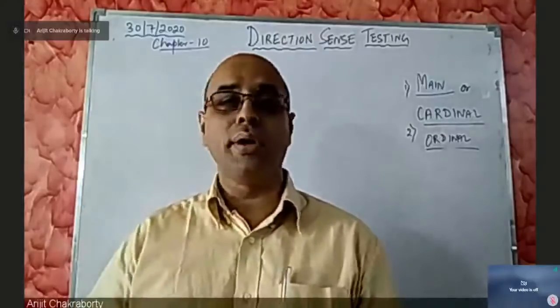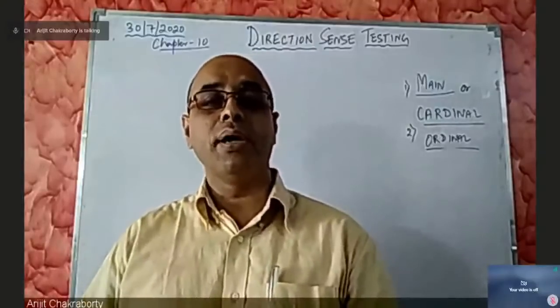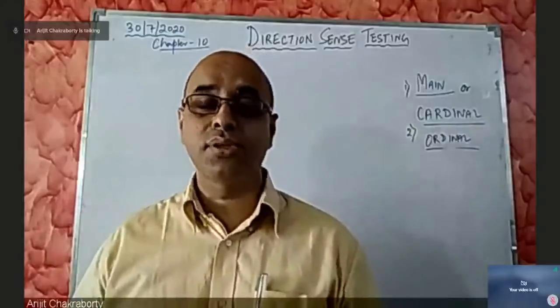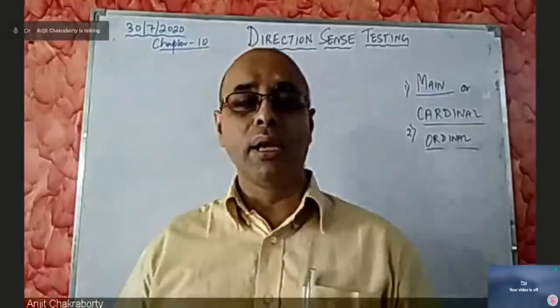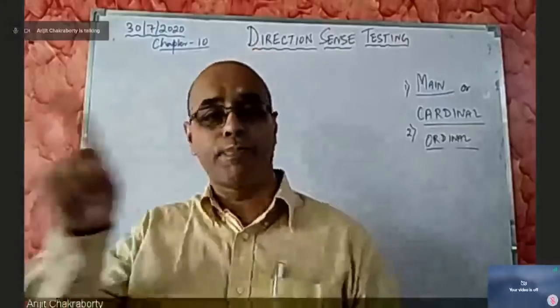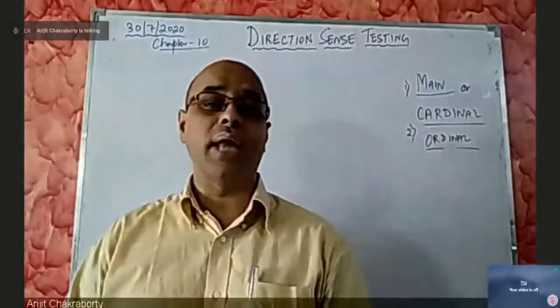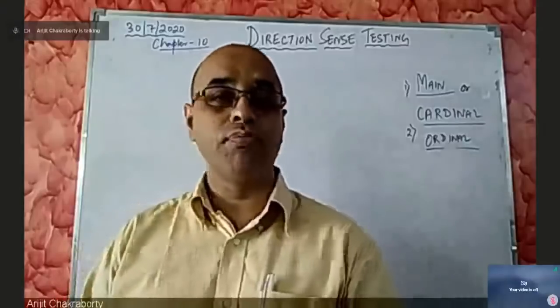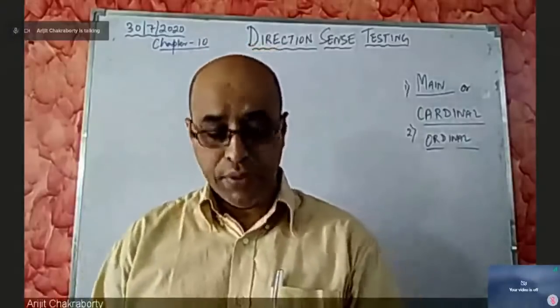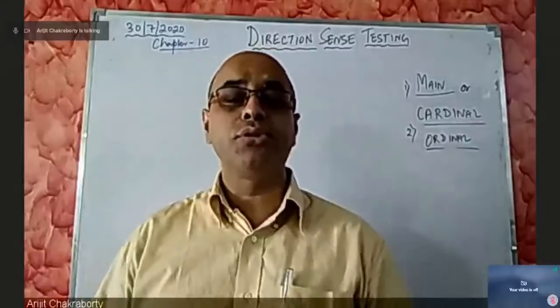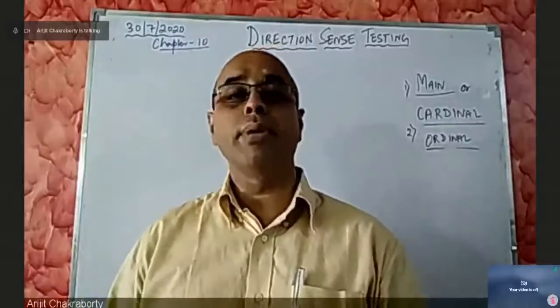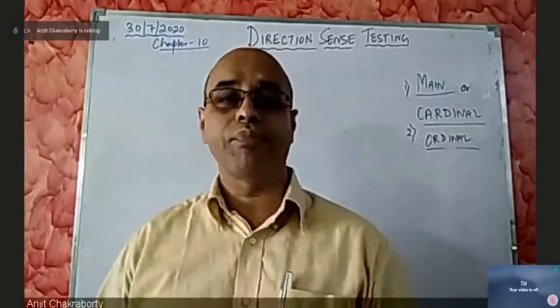You may draw it on a piece of paper, or you may draw it mentally also. Some problems will be quite simple. You may draw a mental map. Okay? And of course, it is true that questions keep coming from this part in the exam, and up to 3 to 4 questions might be coming from direction testing.